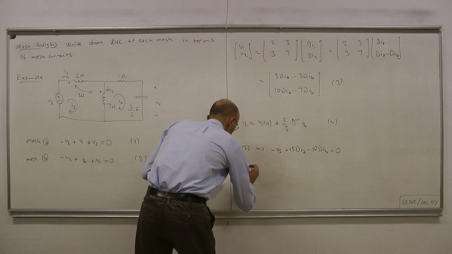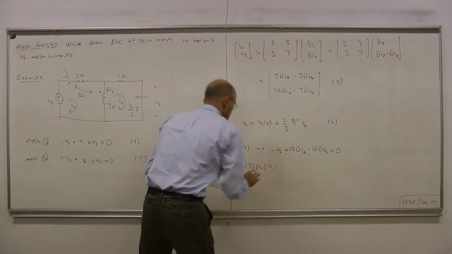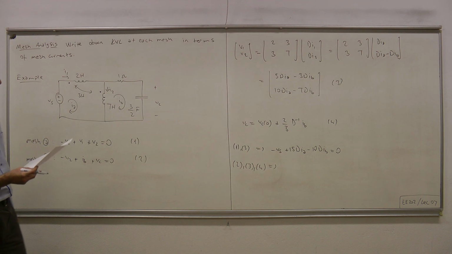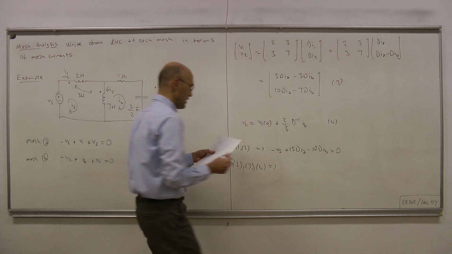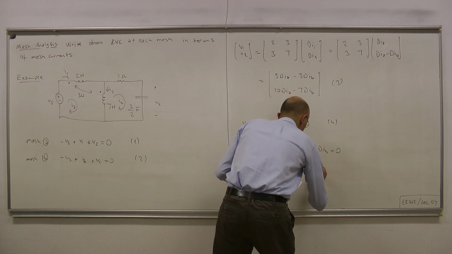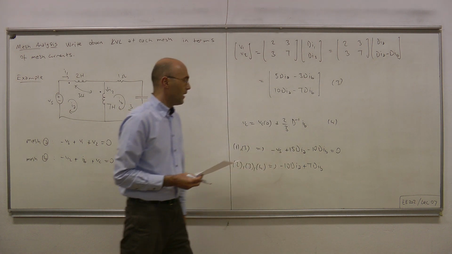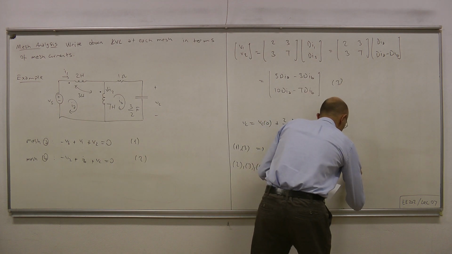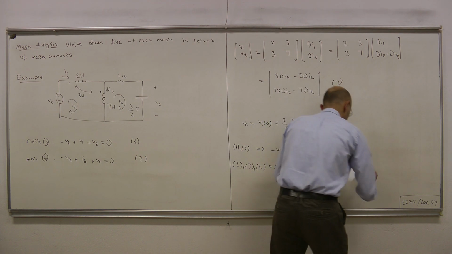Then let's combine 2, 3, and 4, and then we have minus 10 dIA plus 7 dIB plus RB plus the initial capacitor voltage.